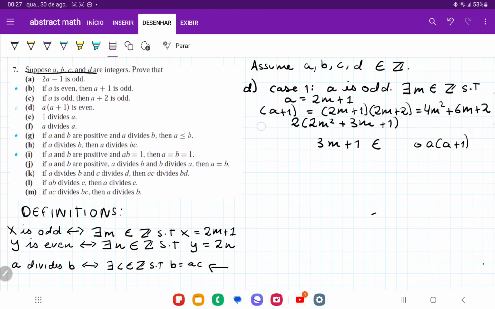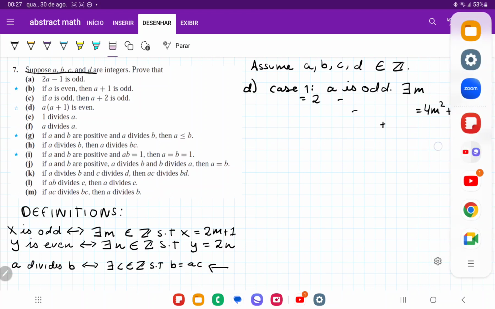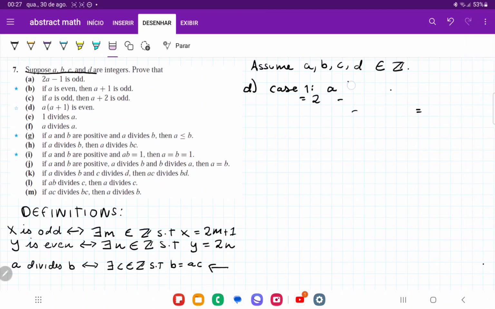So item F is we're going to have the same idea. It wants us to prove that A divides A. So let us write that down. So for item F, we have that A is equal to 1 times A. It's going to be the same logic. We have to say, okay, A is an integer, right? Because we're assuming that A is an integer to begin with.